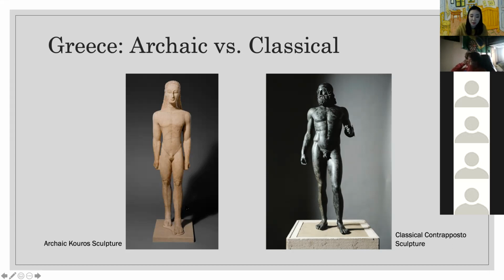We can find movement only in the left foot. However, the classical contrapposto sculpture shows incredibly natural movement and has lots of details, very realistic. We can tell this is the height of Greek art because they finally mastered creating natural shapes of the body.